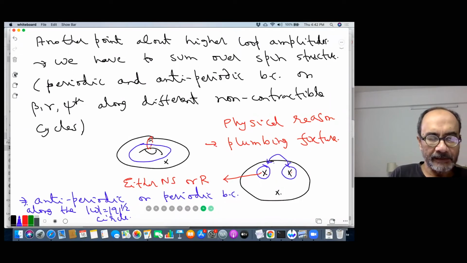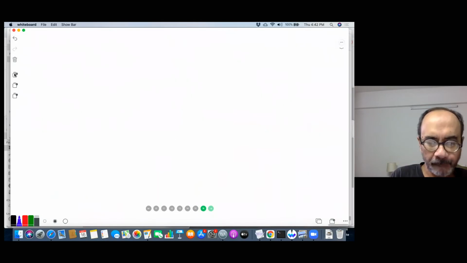So in the following, I am not going to write down the sum over spin structure explicitly, but let me just say where it will be encoded.